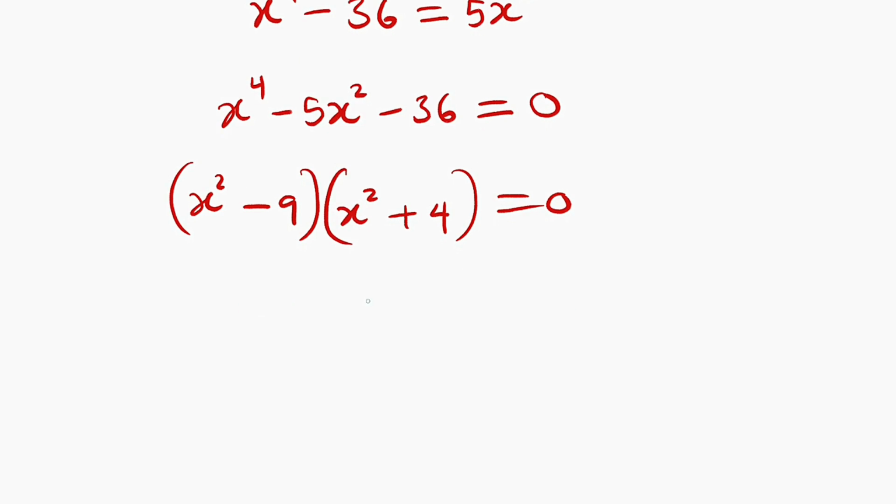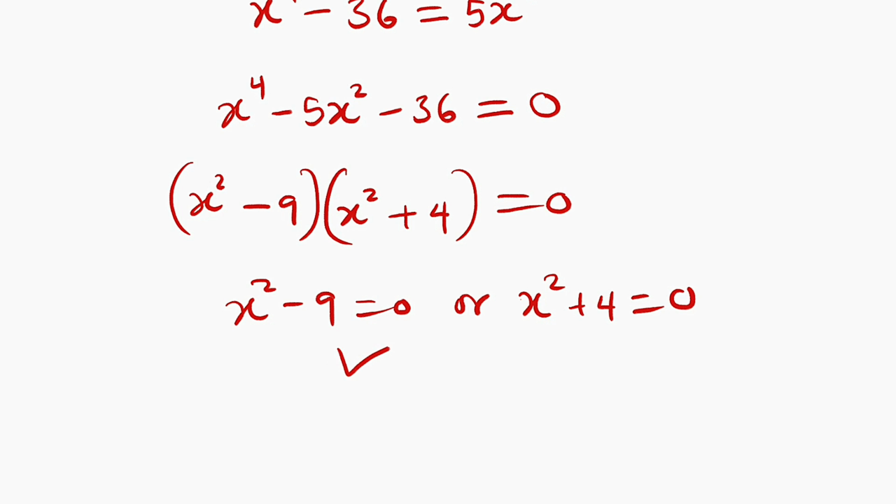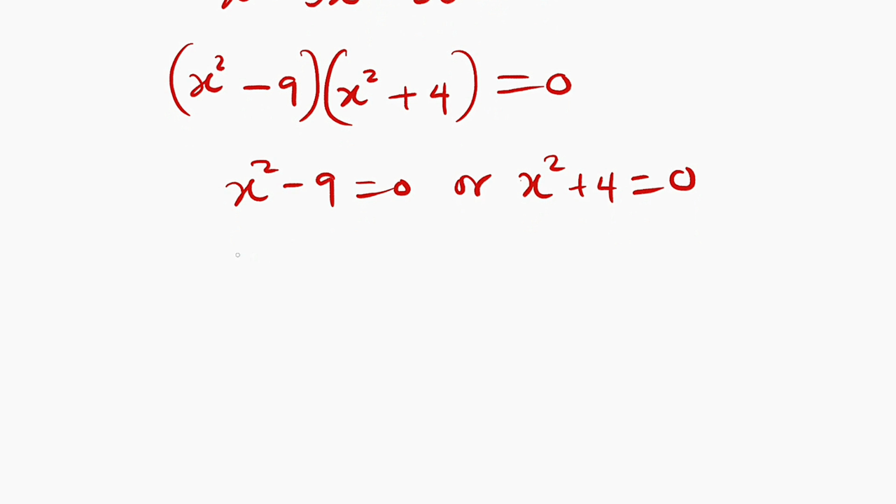If you set each of these factors to be 0, we have x squared minus 9 equal to 0, or x squared plus 4 equal to 0. We are not going to consider this, because from here we have only imaginary roots. So let's consider x squared minus 9 equal to 0, which is difference of two squares.